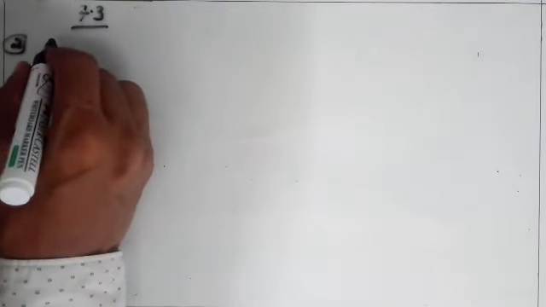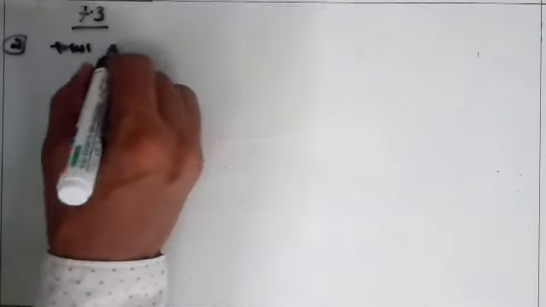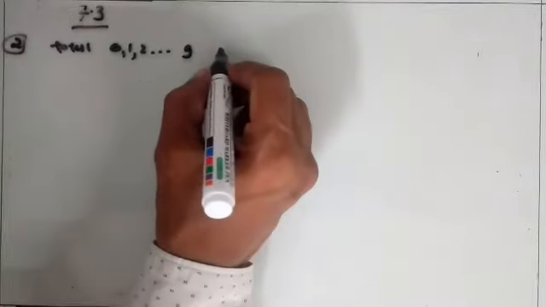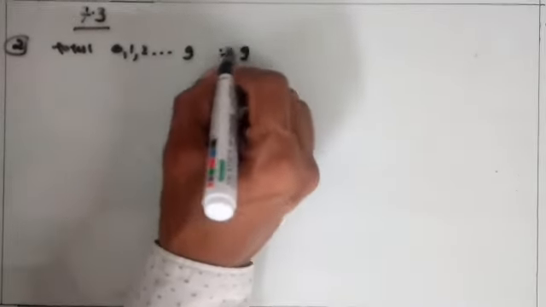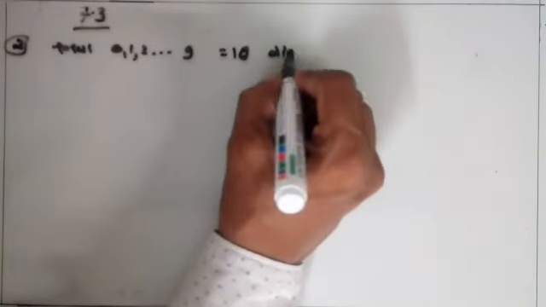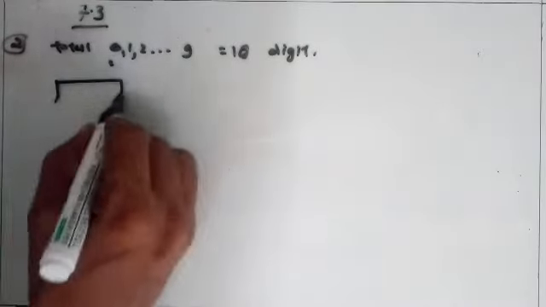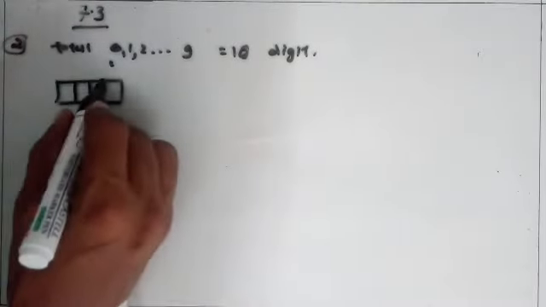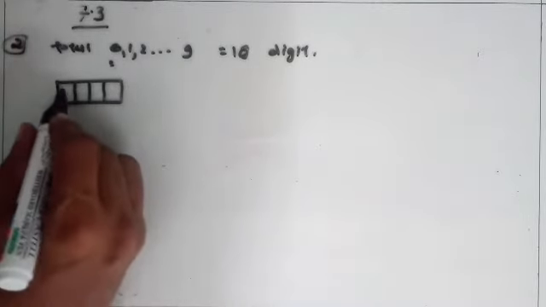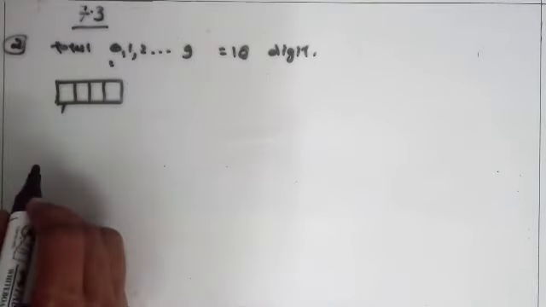Here we have a total of digits 0, 1, 2 up to 9, which is 10 digits. The 0 digit cannot be used for the 4th place to form a 4-digit number. Here, in the case of the 4th place, we cannot use the 0 digit.